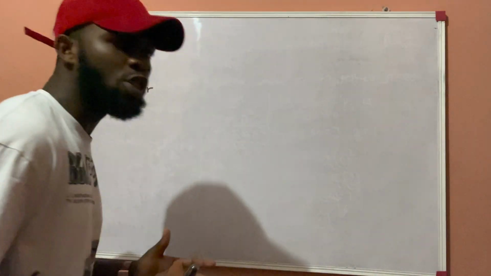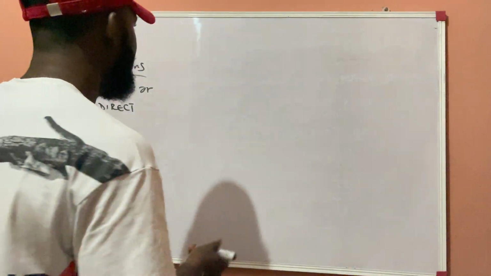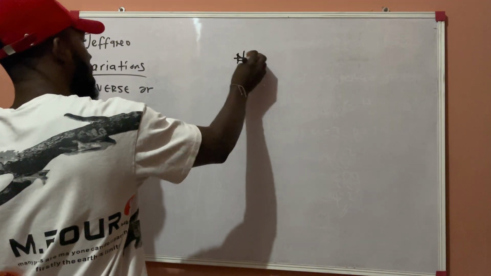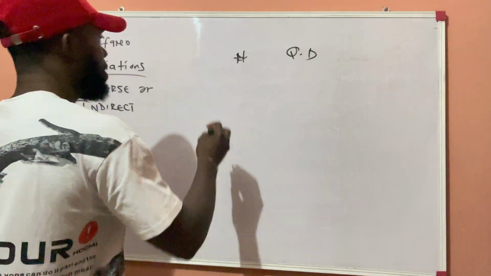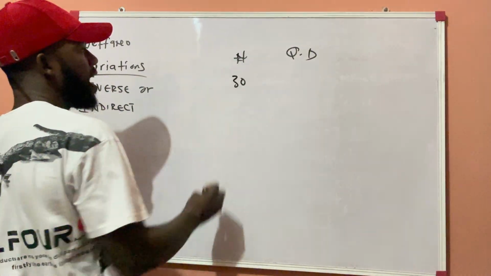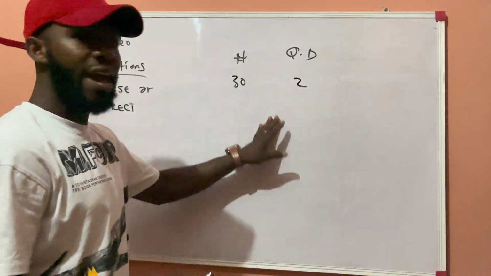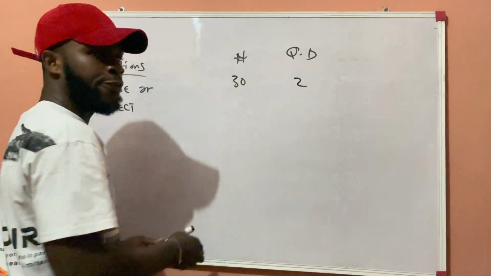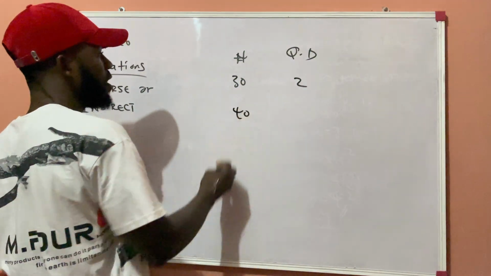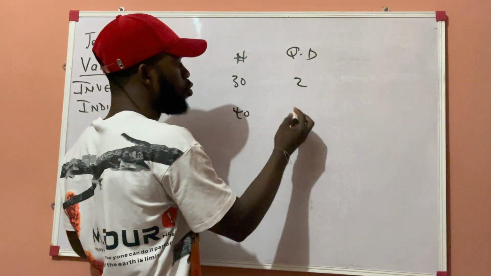So, for instance, as a consumer, you go to the market to buy a pair of shoes, and say for 30 naira, you are able to purchase two pairs of shoes. Then, when the price increases from 30 naira to 40 naira, your purchasing power reduces from 2 to 1.